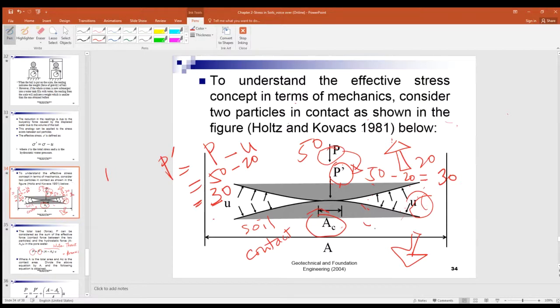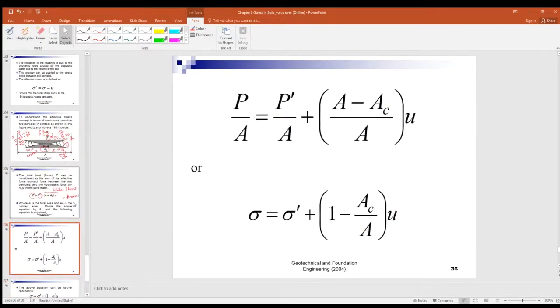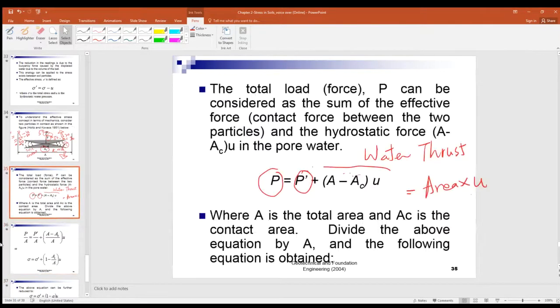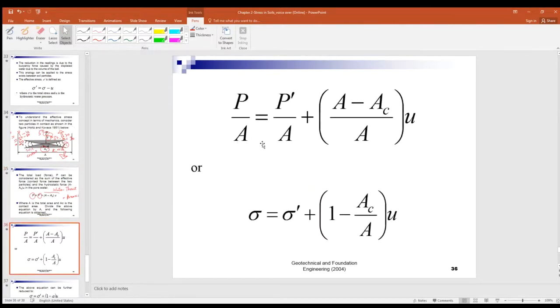So AC will be much smaller than the total area A. If you divide this equation by the total area, AC over A will be almost equal to 0.